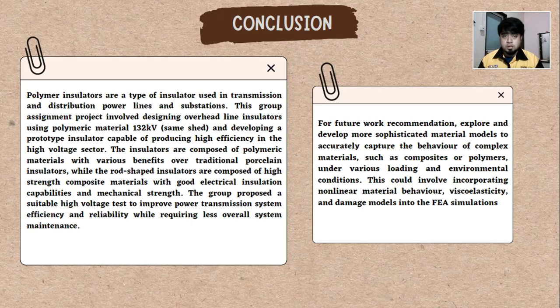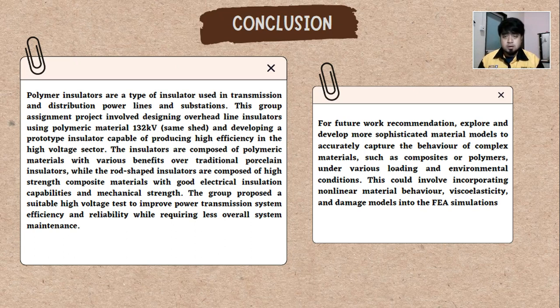So for the conclusion, polymer insulators are a type of insulator used in transmission and distribution power lines and substations. This group assignment project involved designing an overhead line insulator using polymeric material for 132 kV and developing a prototype insulator capable of producing high efficiency in the high voltage sector.